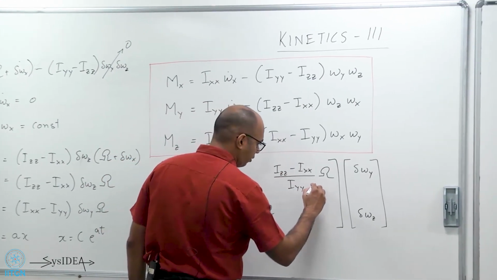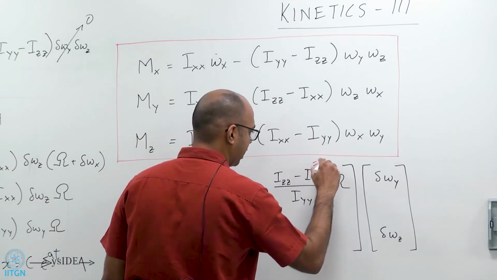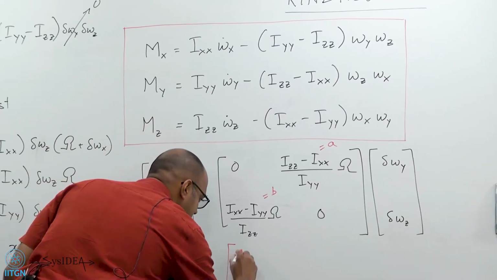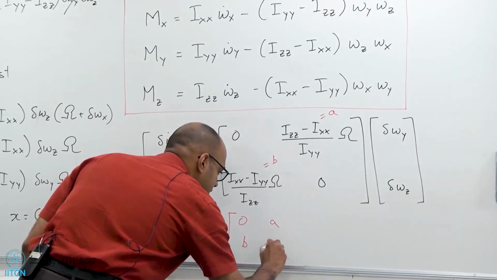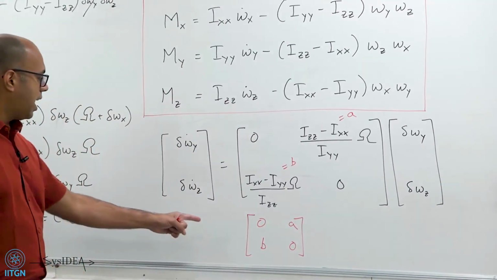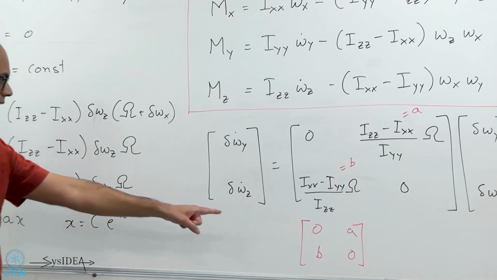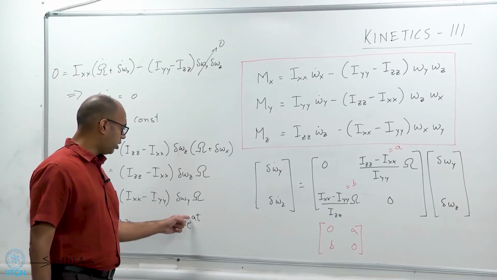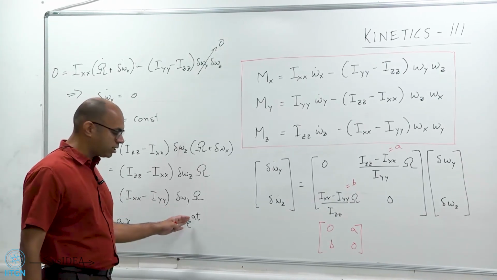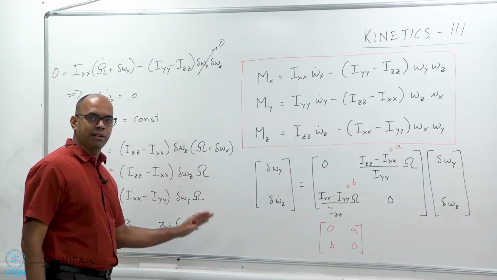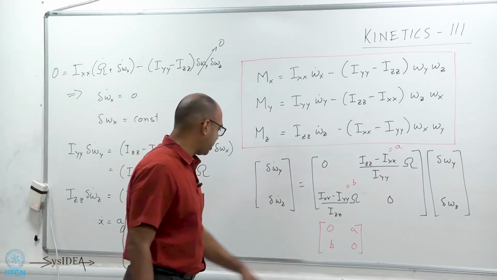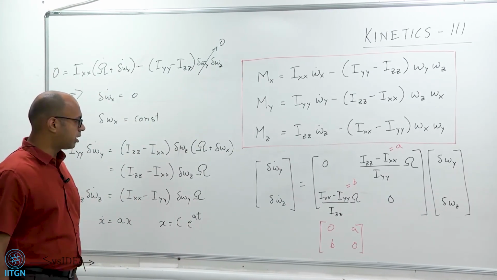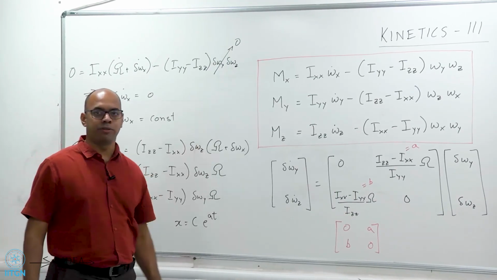So let's think of this whole term as A and this whole term as B. So we are essentially finding the eigenvalues of a matrix that looks like this, and using this idea, if those eigenvalues have negative real part, or rather don't have positive real part, then they don't grow and they remain bounded. If they are real, then both of them will have to be negative for your perturbations to not grow with time.